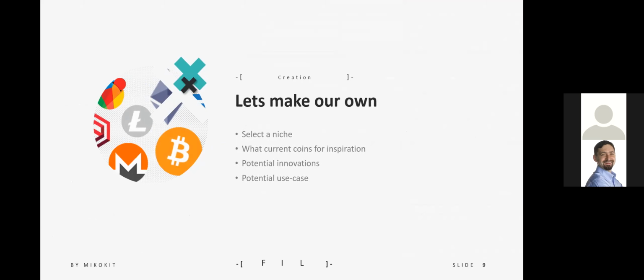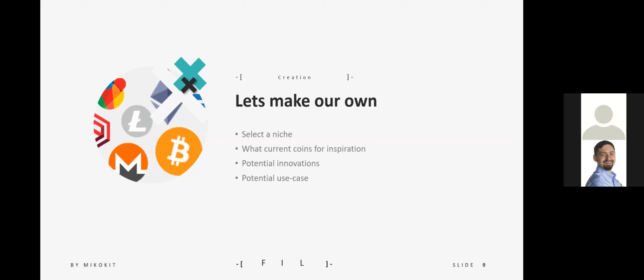And then I can read the chat. For the last part of the meeting, however much time it's going to go on, the last activity, or also discussion, is for anyone who has any questions. But after that, we're going to make our own. So if anyone wants to, in chat, brainstorm and we can throw ideas around: if we were to hypothetically make an altcoin, what niche would you like to see filled?